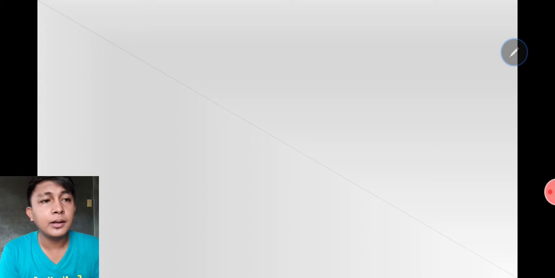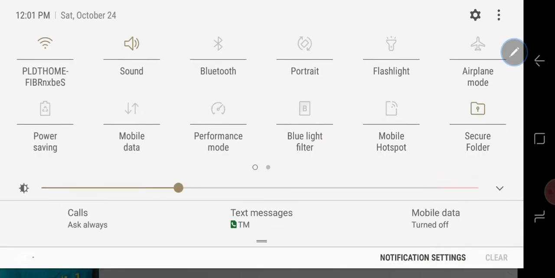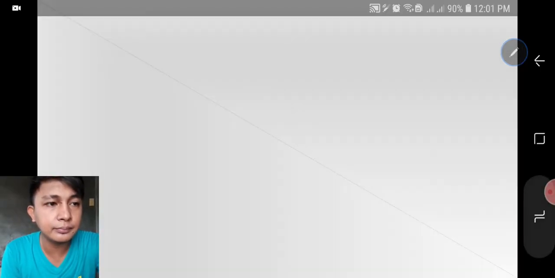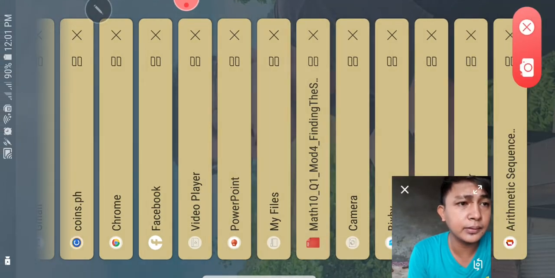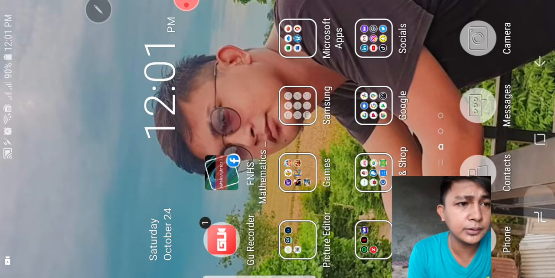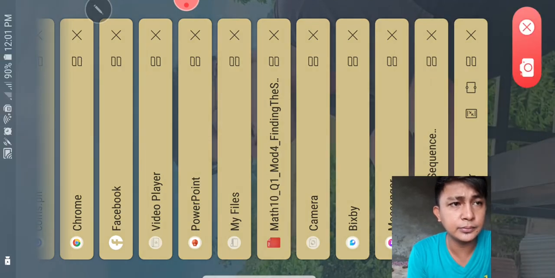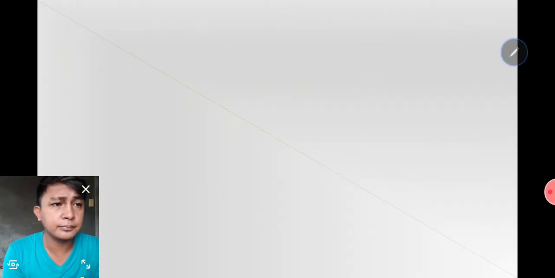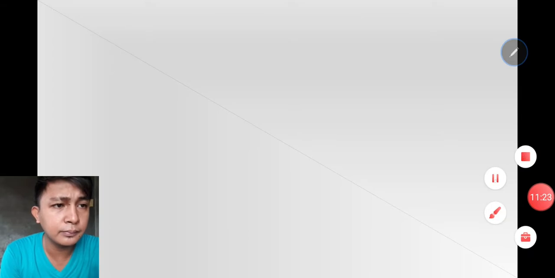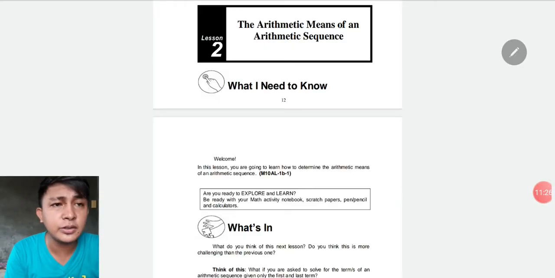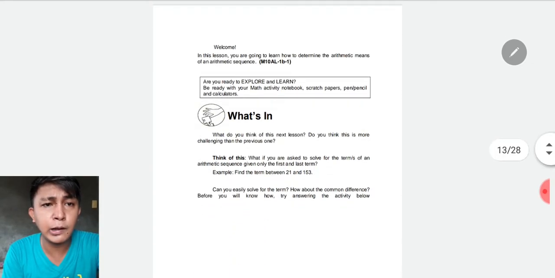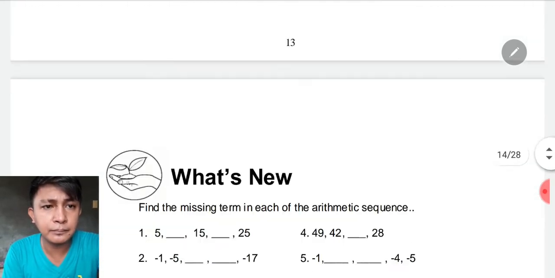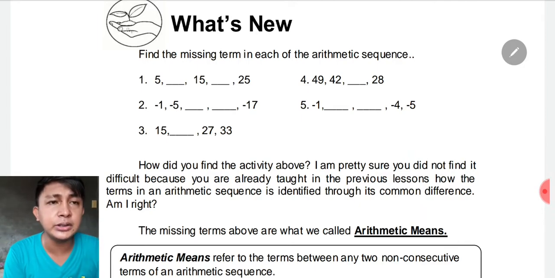Okay, so if we go back to your lesson, find the arithmetic means of an arithmetic sequence. Find the missing term in each of the arithmetic sequences.